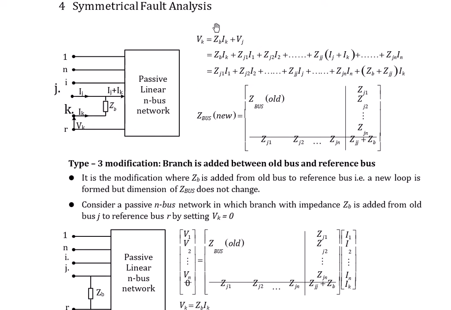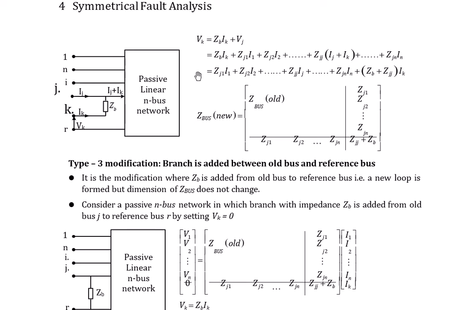Now a new row and column get added to the old Z bus, and we get the new Z bus, and the values are like this: ZJ1, ZJ2 up to ZJn, and in the column ZJ1, ZJ2, and in the diagonal portion we have ZJJ plus ZB.